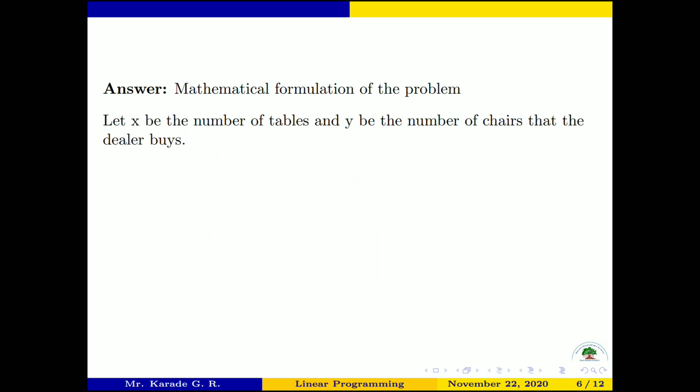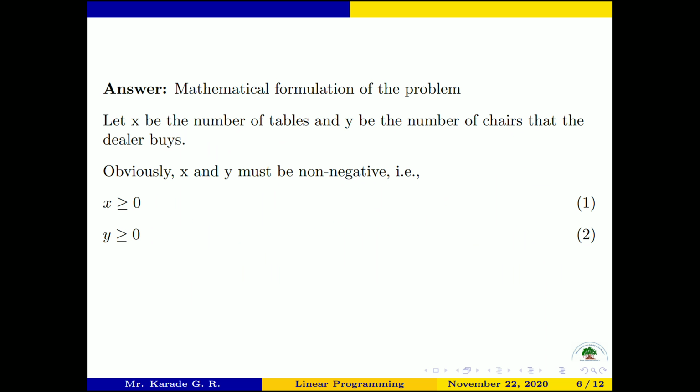Let x be the number of tables and y be the number of chairs that the dealer should buy. Obviously, x and y are the number of tables and number of chairs respectively. Therefore, x and y must be greater than or equal to 0. So x is greater than or equal to 0 and y is greater than or equal to 0.